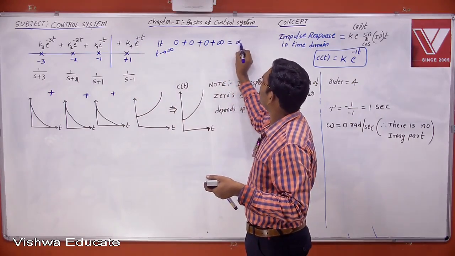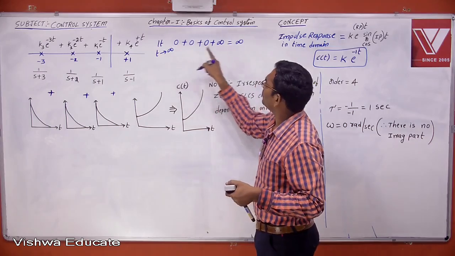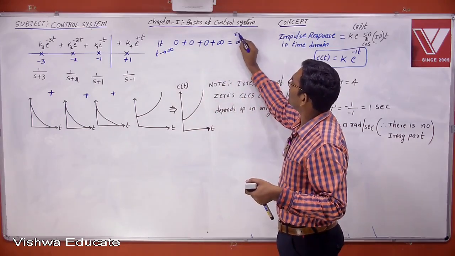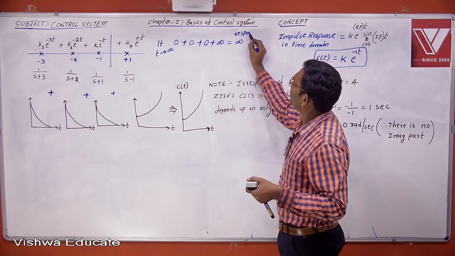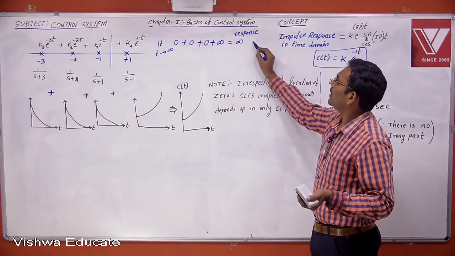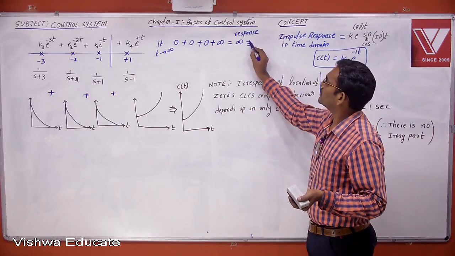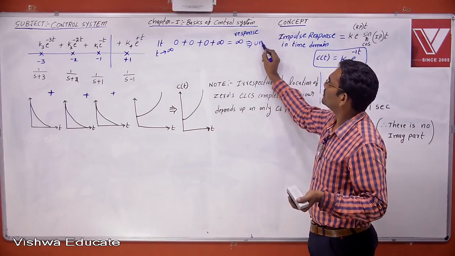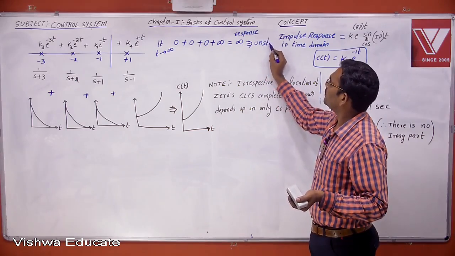Therefore, the limit as t tends to infinity is infinity. The response is infinite. Then the system is unstable.